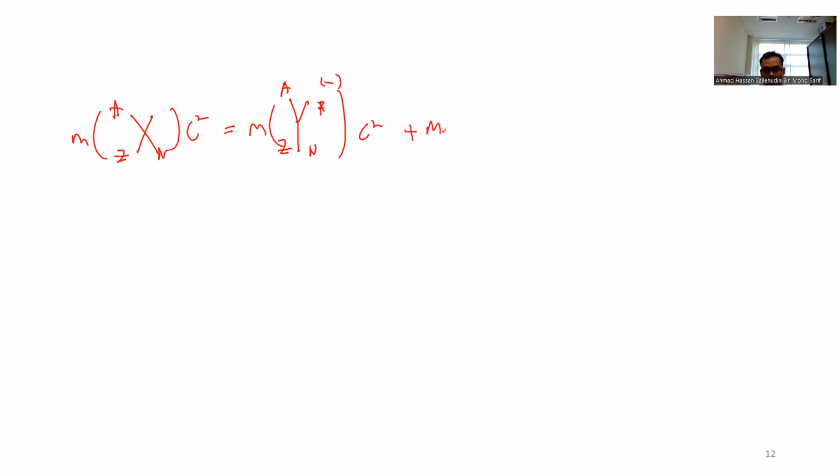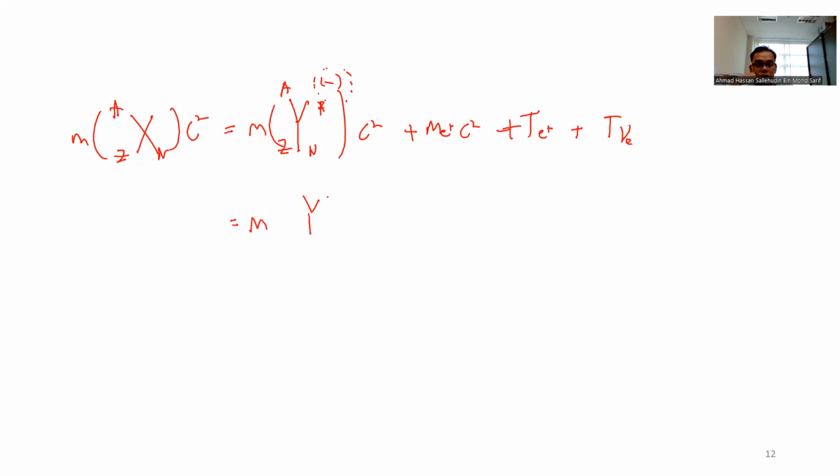The mass energy of the positron, kinetic energy of the positron, kinetic energy of the neutrino. Okay, let's separate out the electron.